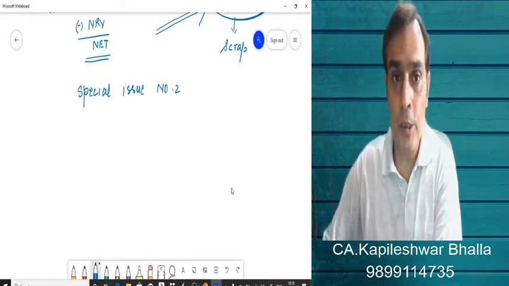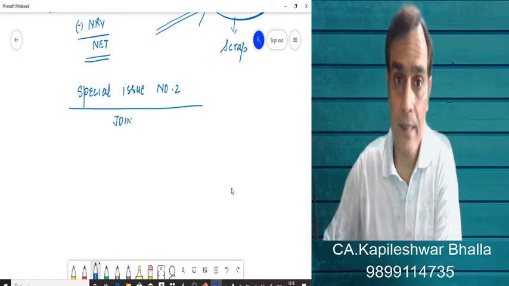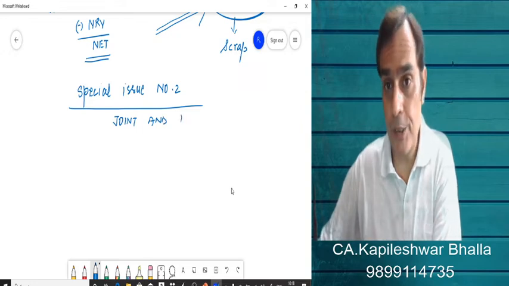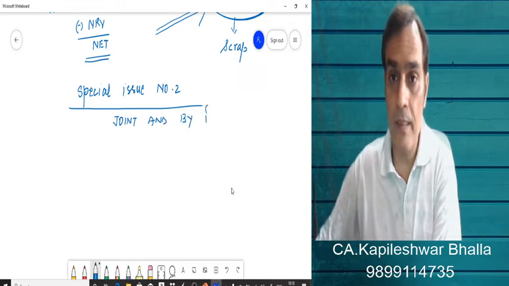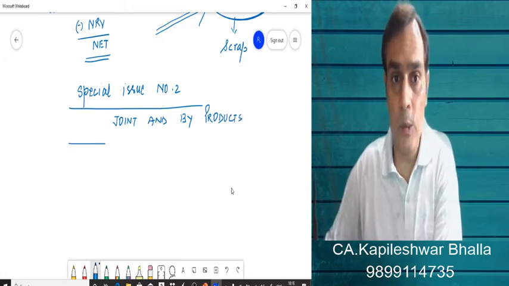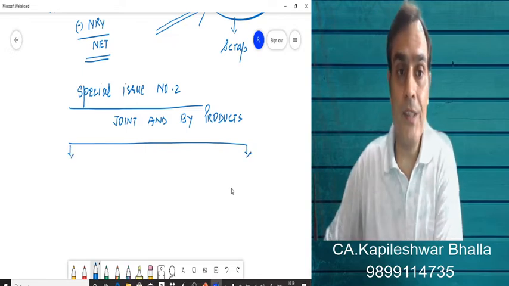And the special issue number 2 is dealing with joint and byproducts. It deals with joint and byproducts. And we can divide this in two sections. One is, it is a case of joint products.